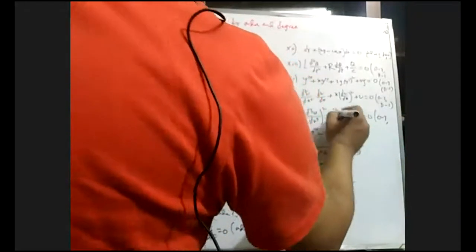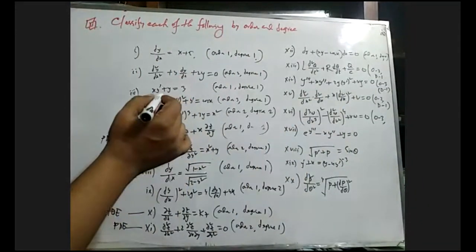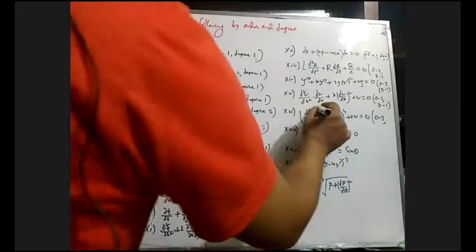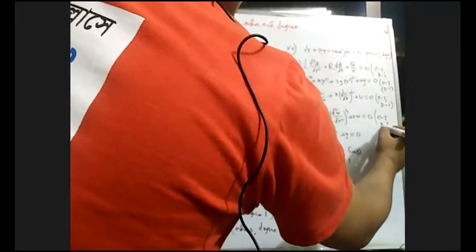So order is 3 and highest power 2. This is why degree 2. Remember it.